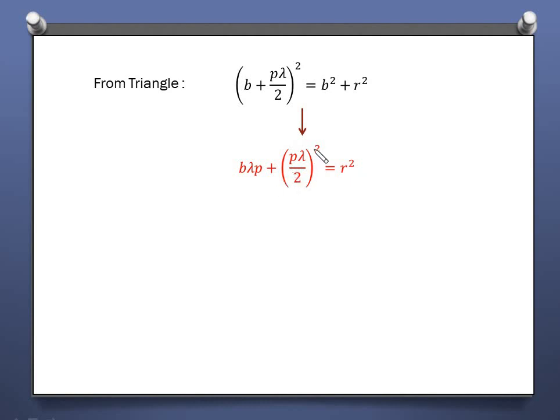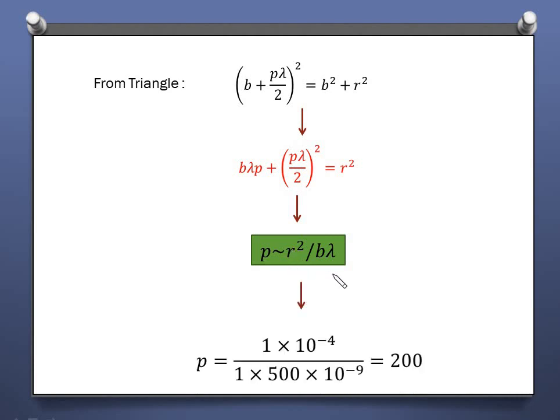So we can neglect this lambda square. So approximately we will have p equals r square by b lambda. Now just substitute the values of r, b, lambda and you will get the answer. p equals 200. That means 200 half period zones are present in that circle.